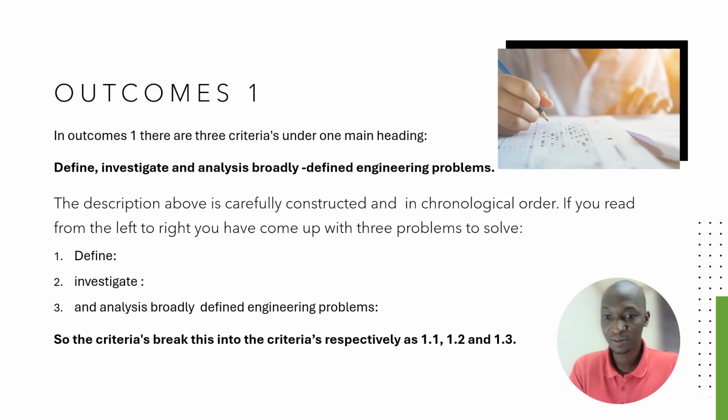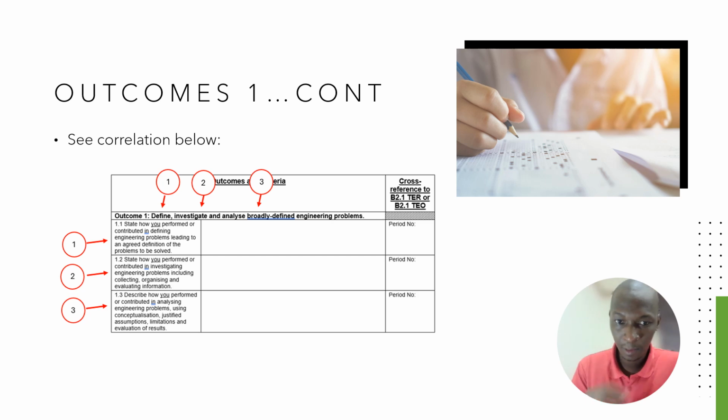But let's say you wanted to do this the other way around. You cannot investigate before you define, and you cannot do an analysis before you do the investigation for the type of problem they are asking you to put here. So there is an order which is carefully constructed, and you need to fill this form in that manner. Look at the correlation.